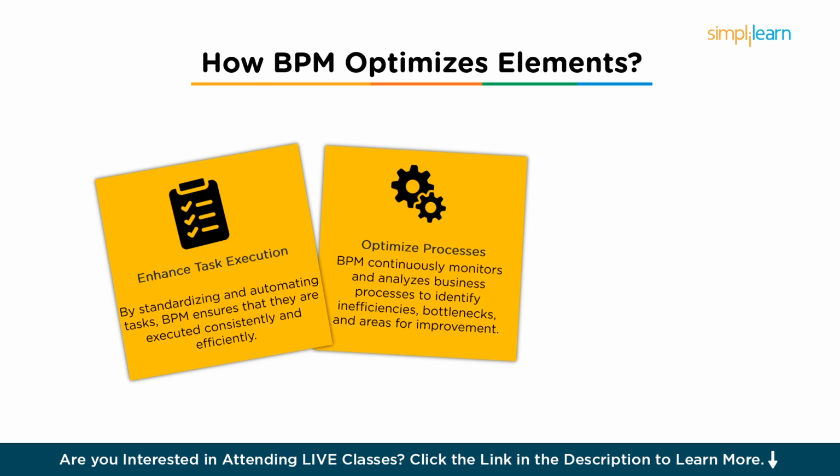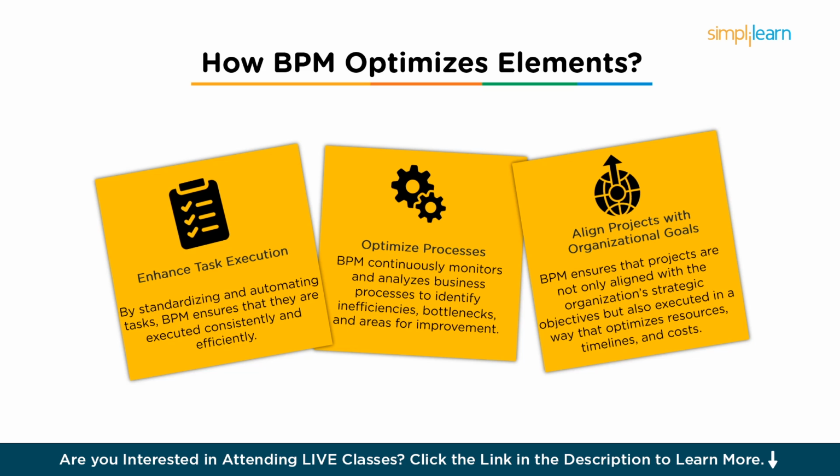Optimize processes. BPM continuously monitors and analyzes business processes to identify inefficiencies, bottlenecks, and areas for improvement. By using BPM tools and methodologies, organizations can enhance the flow of work, minimize delays, and ensure that processes are as streamlined as possible. Align projects with organizational goals.